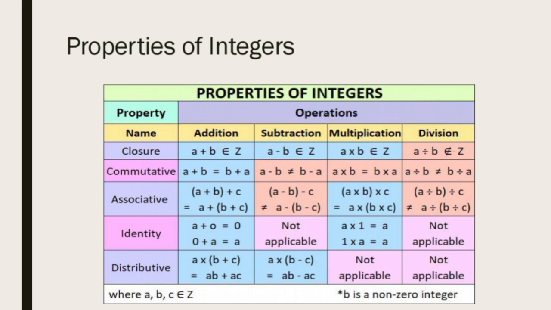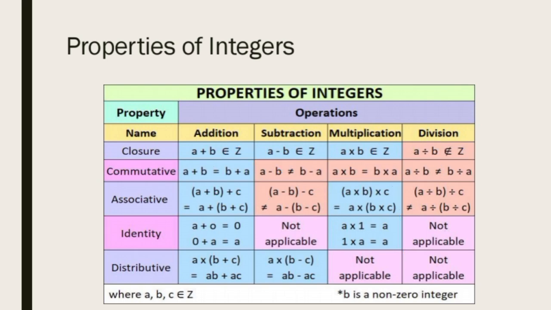Commutative property, a plus b is equal to b plus a. Addition exists. Subtraction does not exist. Multiplicative operation exists in the commutative property. Division does not exist in the commutative property.